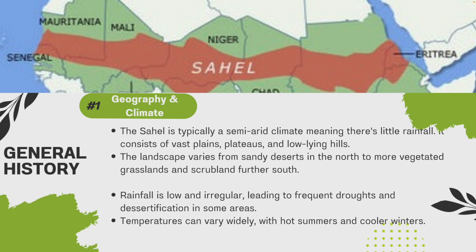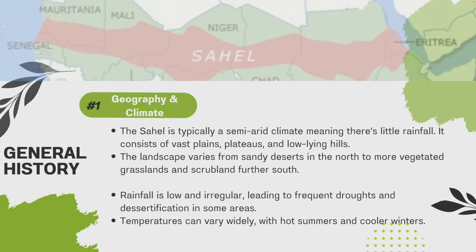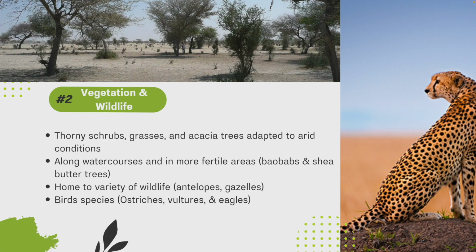The temperatures can vary widely, with hot summers and cooler winters. So semi-arid climate essentially means a dry climate with distinct wet and dry seasons. Okay, so it's not fully dry all the time, and you have some patches of wet seasons in there.